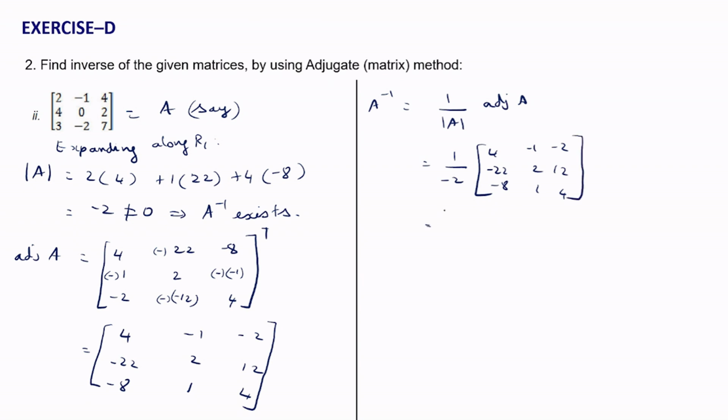So if we divide each of these terms by minus 2, we get minus 2, half, 1, 11, minus 1, minus 6, 4, minus half, minus 2. So this is A inverse.